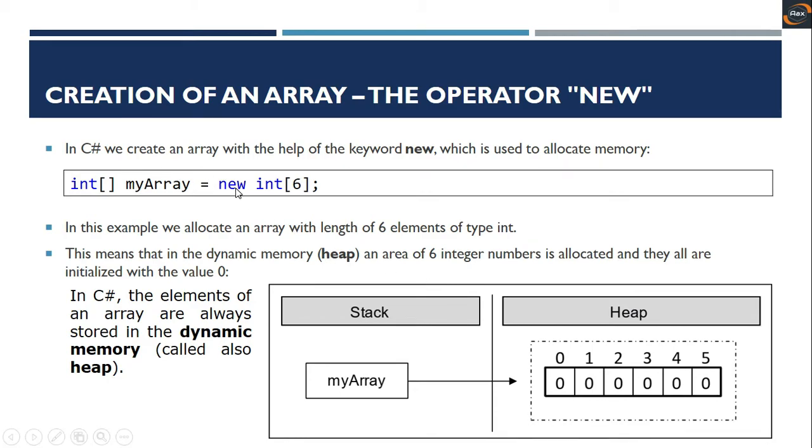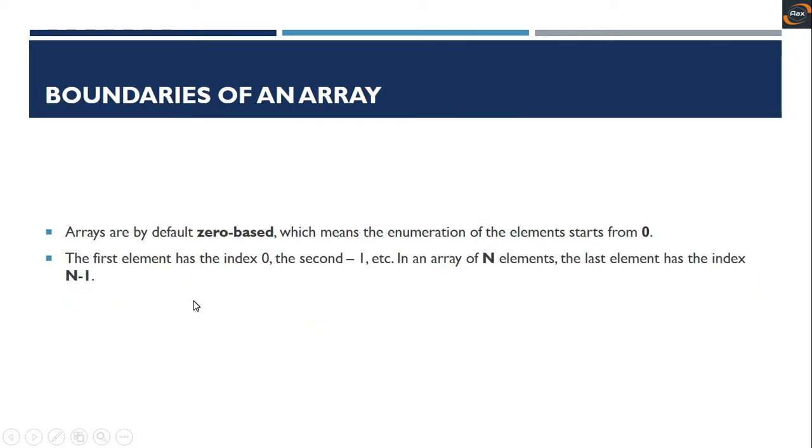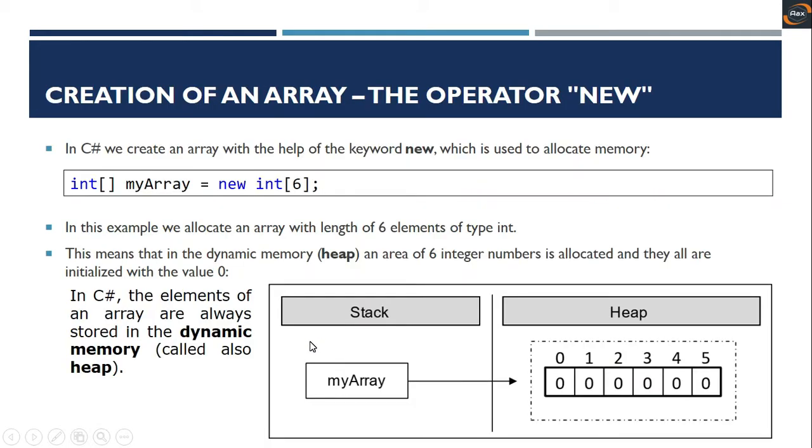We have allocated memory, therefore the elements of the array are assigned a default value, which is 0. 0 is the default value of int. Most integer numbers are assigned a default value of 0 if not initialized. You can also initialize it explicitly, actually.